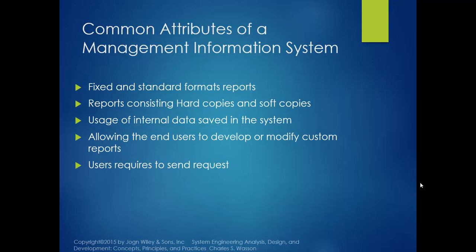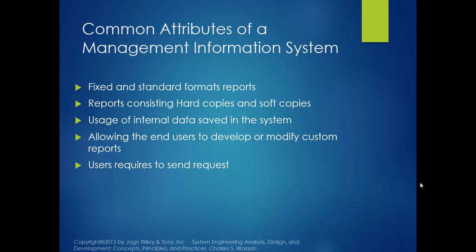The common attributes of a management information system, for example, if we take it as IT specialists, specialized in information technology, usually we deal with networks, information systems, software development, and software packages. We would like to know some of the attributes of, for example, the management information system.